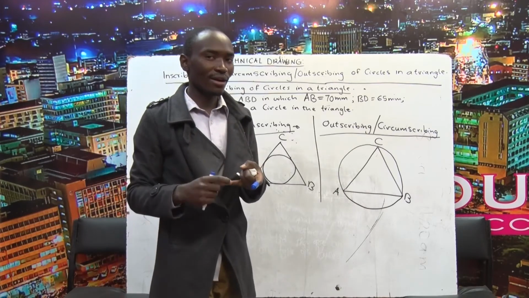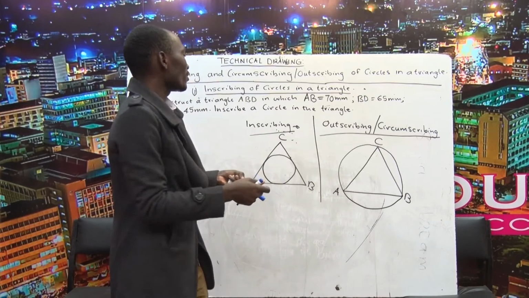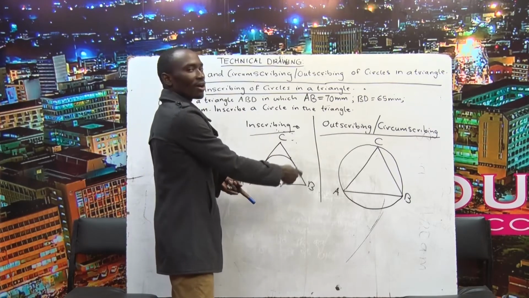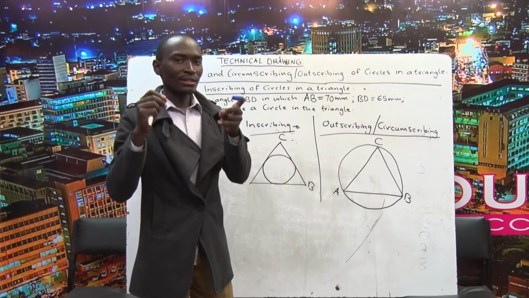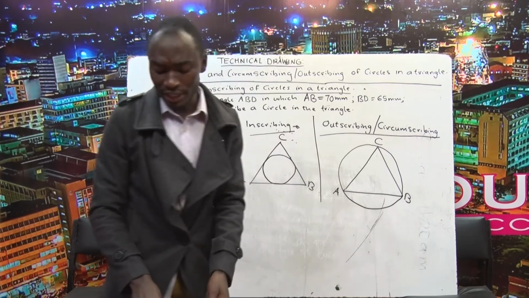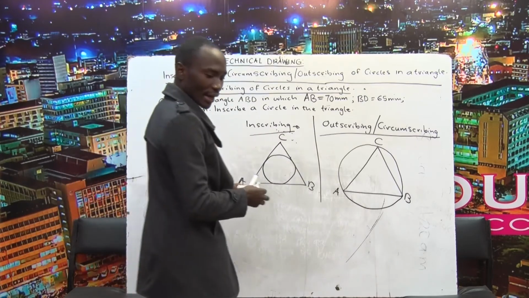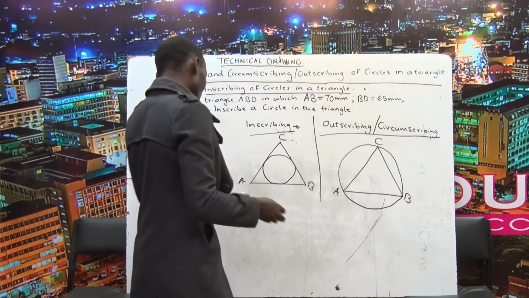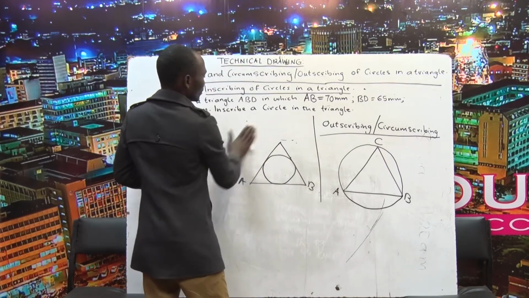So, to perform inscribing and outscribing, first of all you have to draw a triangle. Then, if you've been told to inscribe, draw the circle inside that particular triangle. Let's take an example, beginning with inscribing.